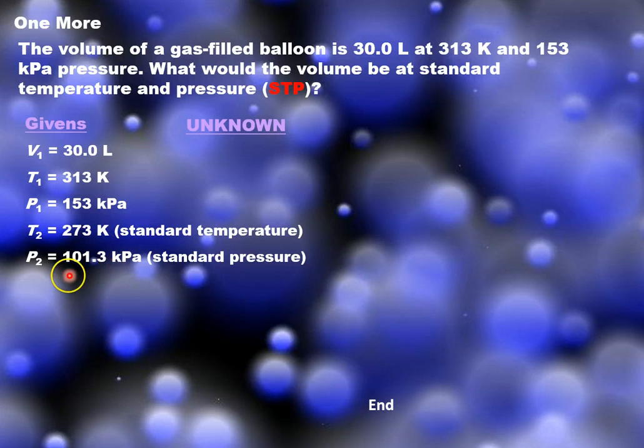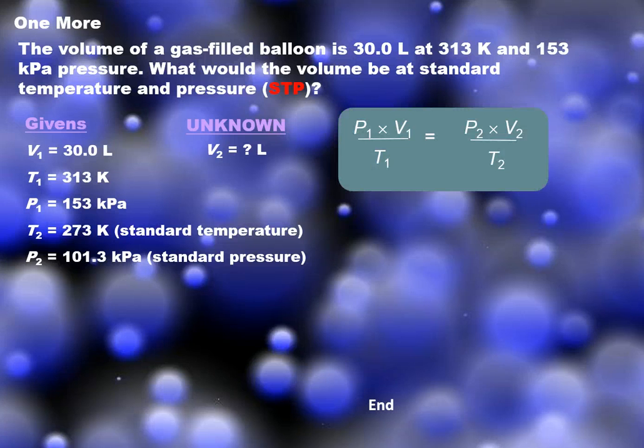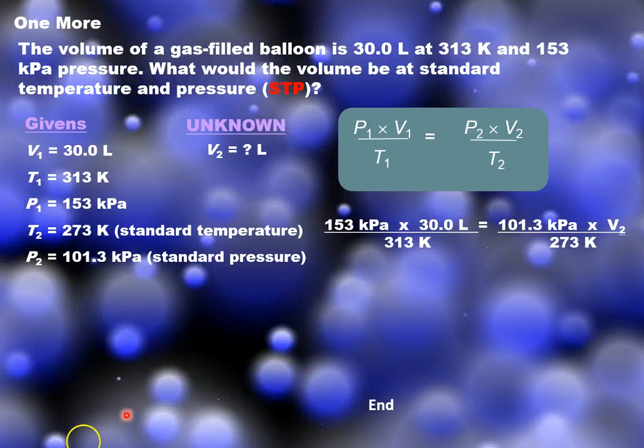Our standard pressure at STP is 101.3 kPa. So our unknown then is the volume, because it even asks what would the volume be. That's our V2. We're going to use the combined gas law, plug in our numbers, and solve for V2. And V2 is equal to 39.5 kPa.